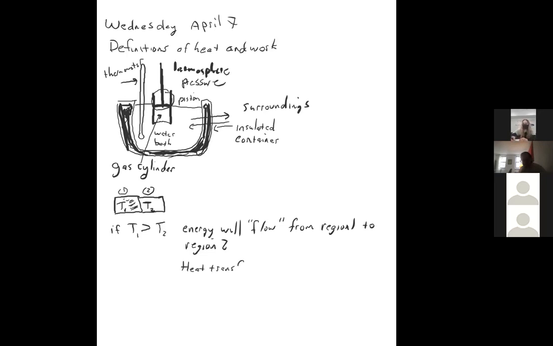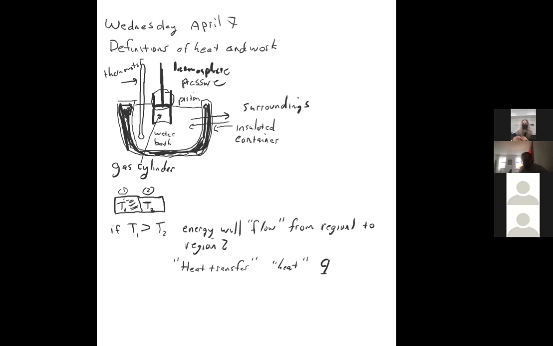And we call that flow of energy heat transfer. That's, I guess, the technical name for it. Sometimes people just call it heat. The symbol for heat is a Q. Typically lowercase. It can be uppercase, but it's typically lowercase. Okay. So energy, that's if the temperature at region 1 is greater than region 2.